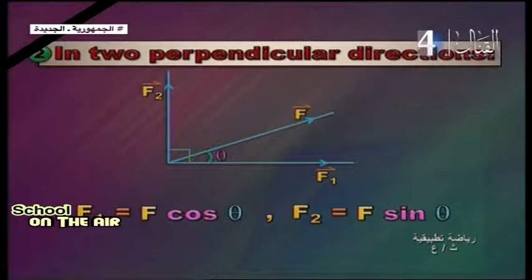Remember, we resolve F into two components. If the two components F1 and F2 are perpendicular, then F1 equals F cosine theta, but F2 equals F sine theta. Maybe theta equals 30 as an example. Then F1 equals F cosine 30, but F2 equals F sine 30.